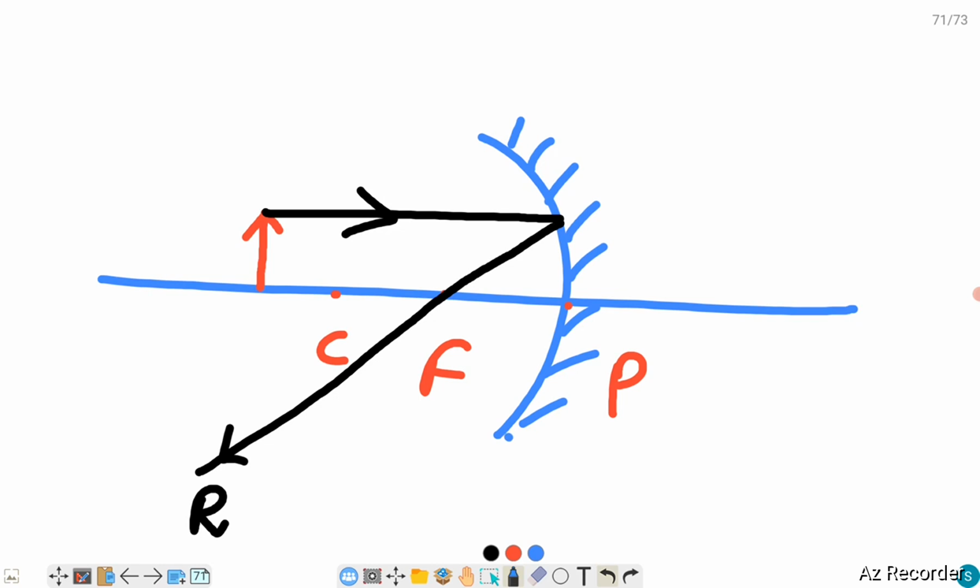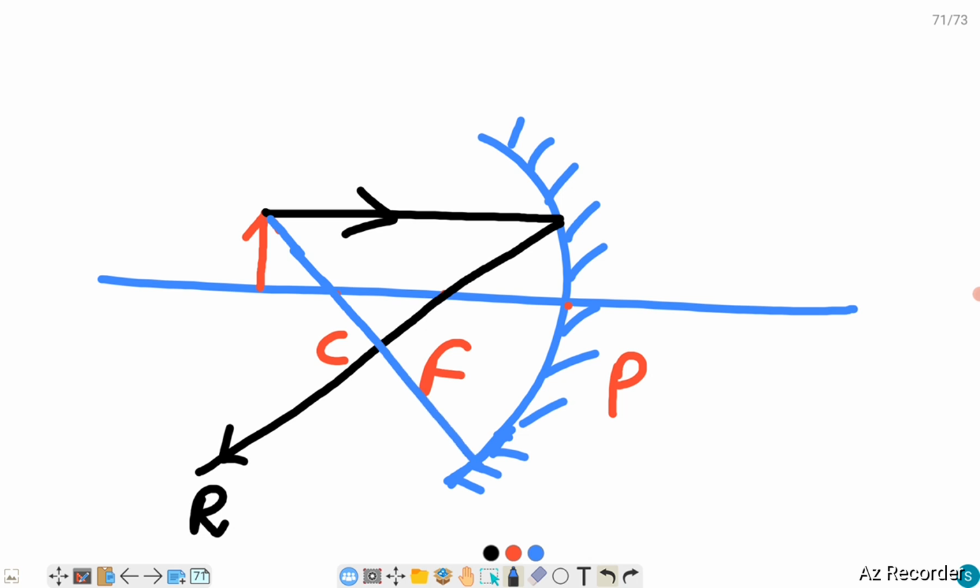So that it will be easy for you to remember. And don't think that if you take any other light ray, that means if I just take one passing through focus, that is also possible. You will get the image. Okay, now I generally teach my students to take these light rays like this. Okay, now I am taking the one through center.